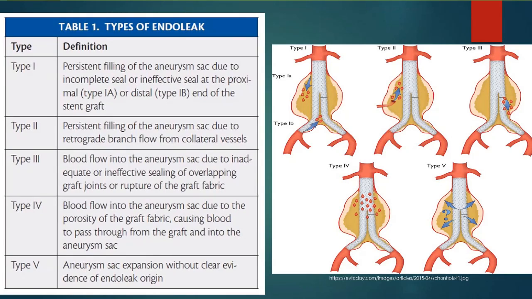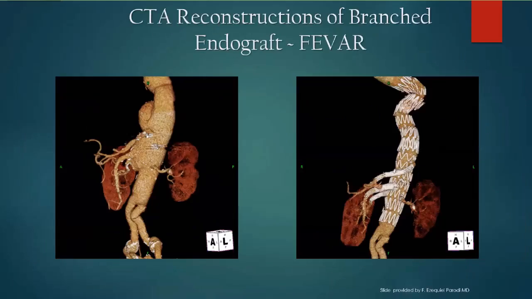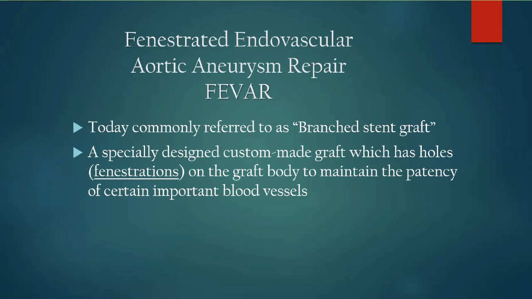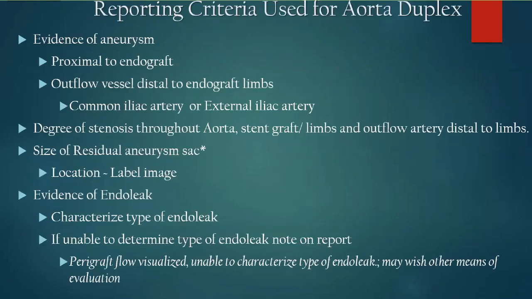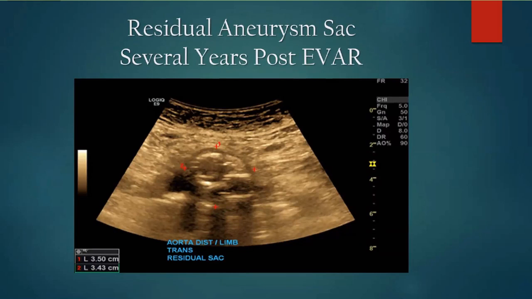Typically, when these stent grafts are placed, this aneurysm sac is going to shrink over time. And I showed an image of a patient several years out. Let me back up to the beginning. It shrinks and wraps, gets so small that all you're seeing is the device. So this patient was several years out.